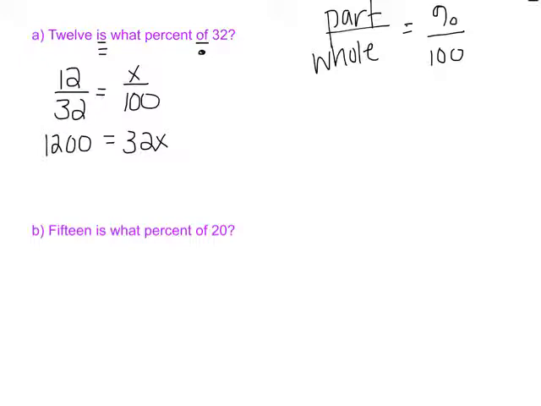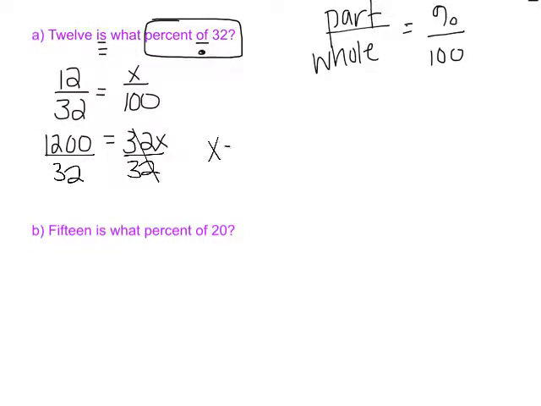So the percent and that 32 need to be multiplied. And I can tell by how I set my proportion up that the 32 and the x are being multiplied because I have 32x. And then I can divide by 32 on both sides.